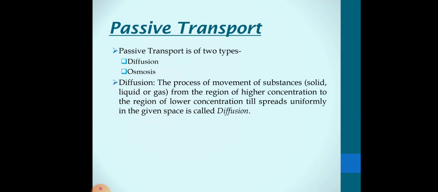That means when any substance, whether solid, liquid or gas, moves from a region of higher concentration to a region of lower concentration, this process of movement is called diffusion.